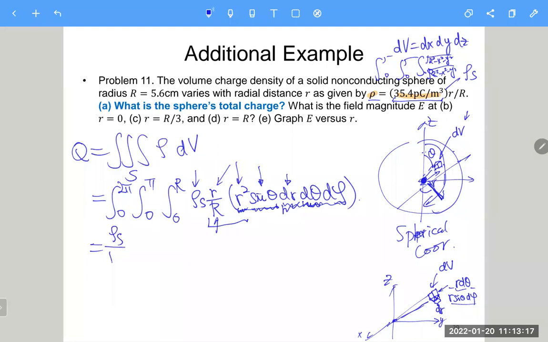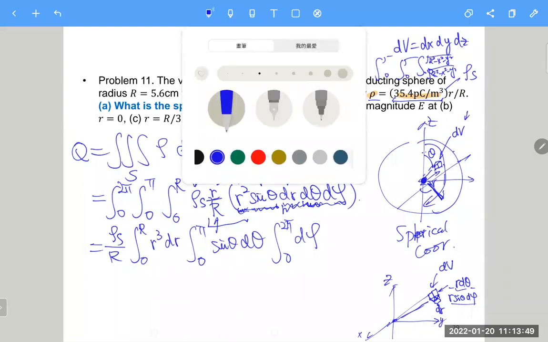Rho s over capital R is a constant, and then we have in total r cubed dr, integrated from 0 to capital R, and then sine theta d theta, integrated from 0 to pi, and also d phi, integrated from 0 to 2 pi. That is just integrating 1 from 0 to 2 pi, which is very simple.